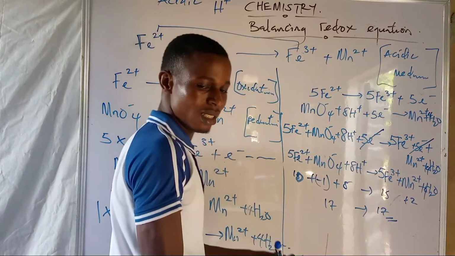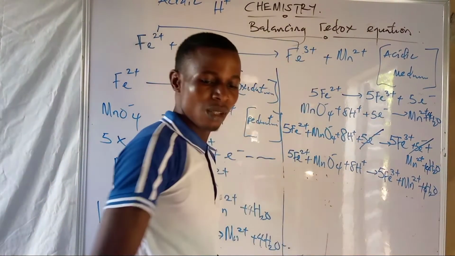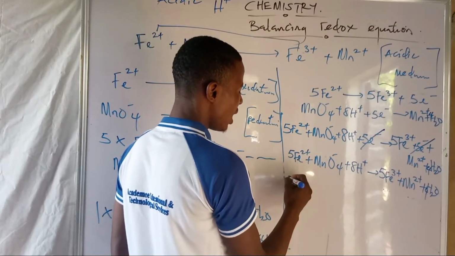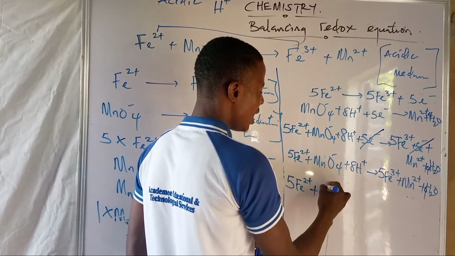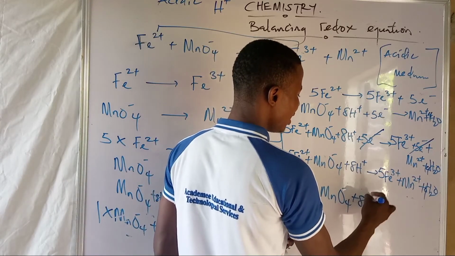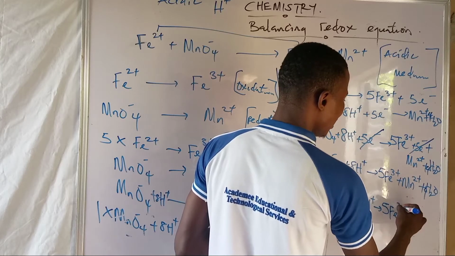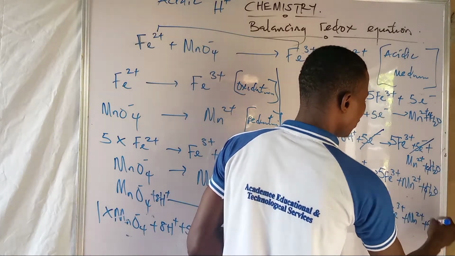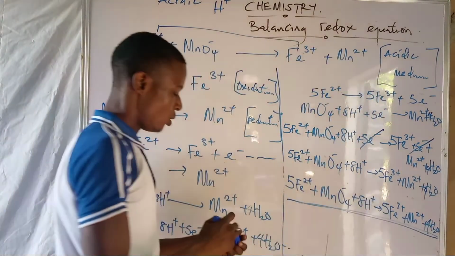In this case, this redox equation is balanced. Let me write it out clearly. The balanced redox equation will now be 5Fe²⁺ + MnO4⁻ + 8H⁺ going to 5Fe³⁺ + Mn²⁺ + 4H2O. This is the balanced equation.